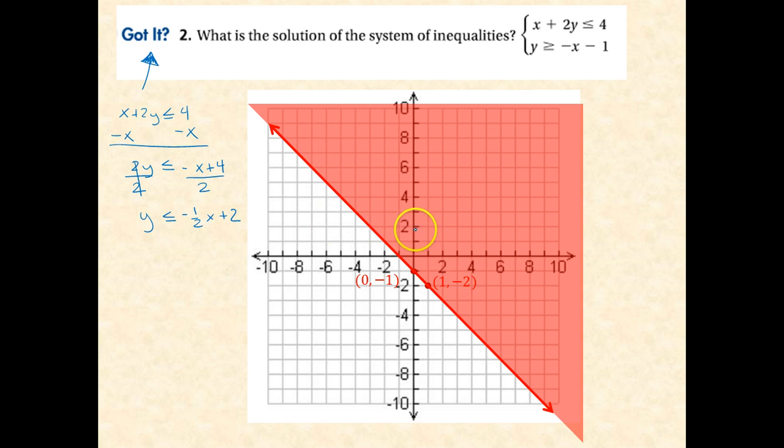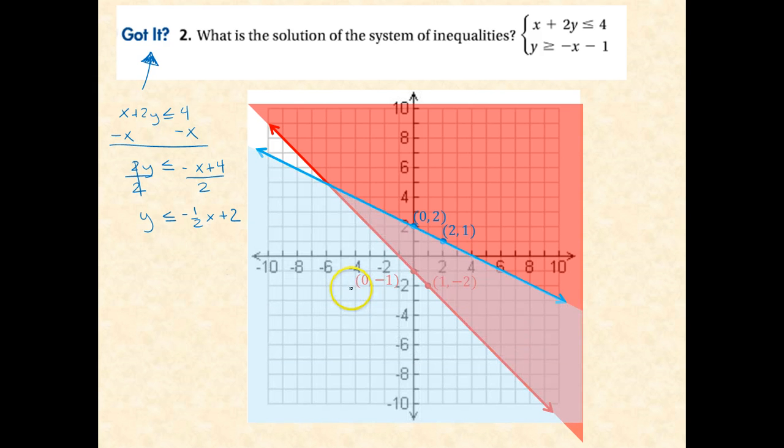So my y-intercept is 2. My slope is negative 1/2, so down 1, over 2. It is a solid line because it's got the equal to sign under it. And it is y less than, so we're going to shade below this line.